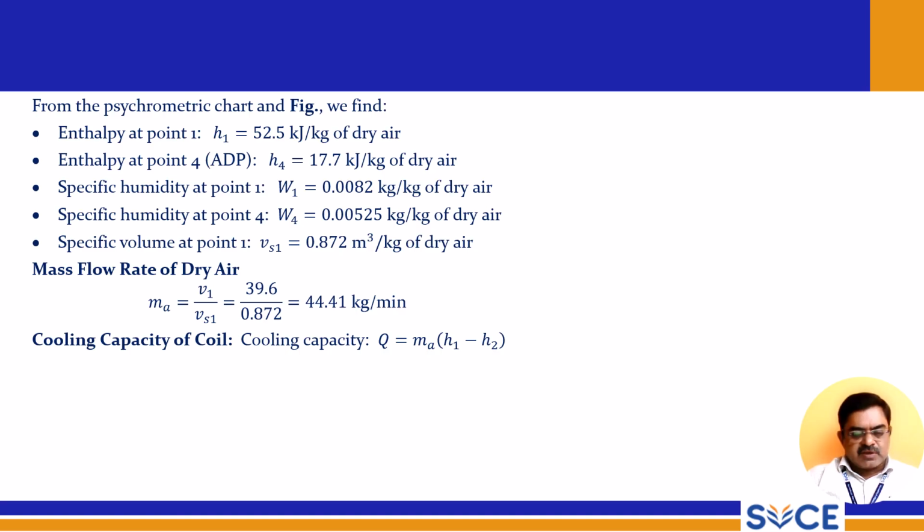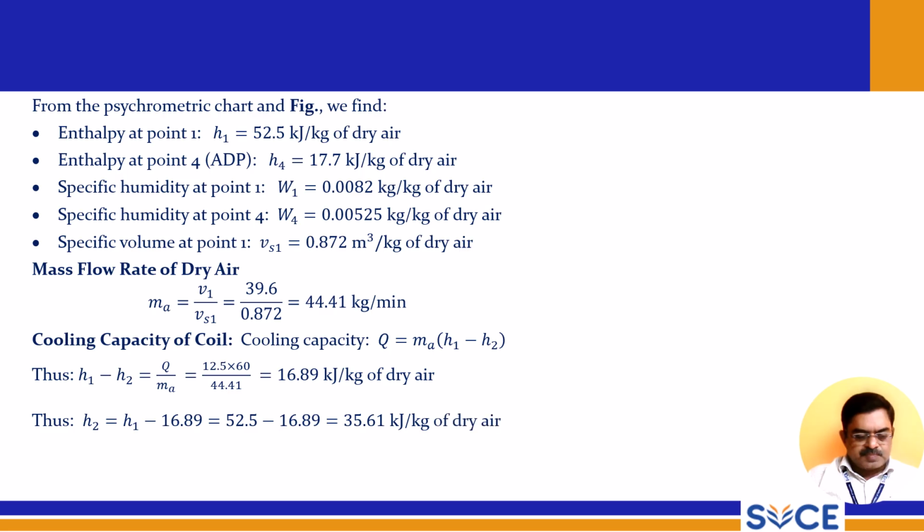So cooling capacity of coil equal to Q equal to MA into H1 minus H2, H1 minus H2 equal to Q by MA. So that is equal to 12.5 into 60 divided by 44.41 equal to 16.89 kilojoules per kg of dry air. So H2 equal to H1 minus 16.89, so 52.5 minus 16.89, 35.61 kilojoules per kg of dry air.